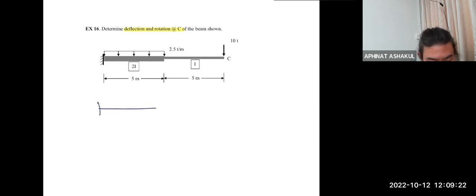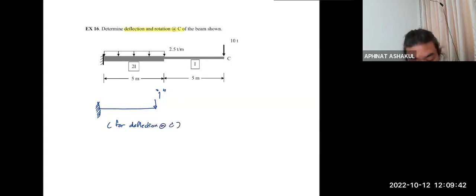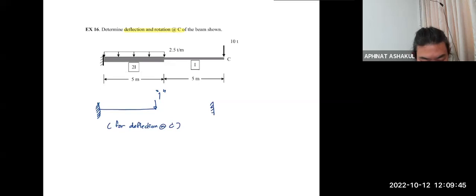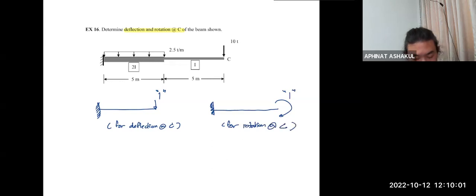First case scenario. I'm not going to draw the beam with different EIs. Okay, you must understand that. For deflection at C, here. Unit moment for rotation at C. Okay.